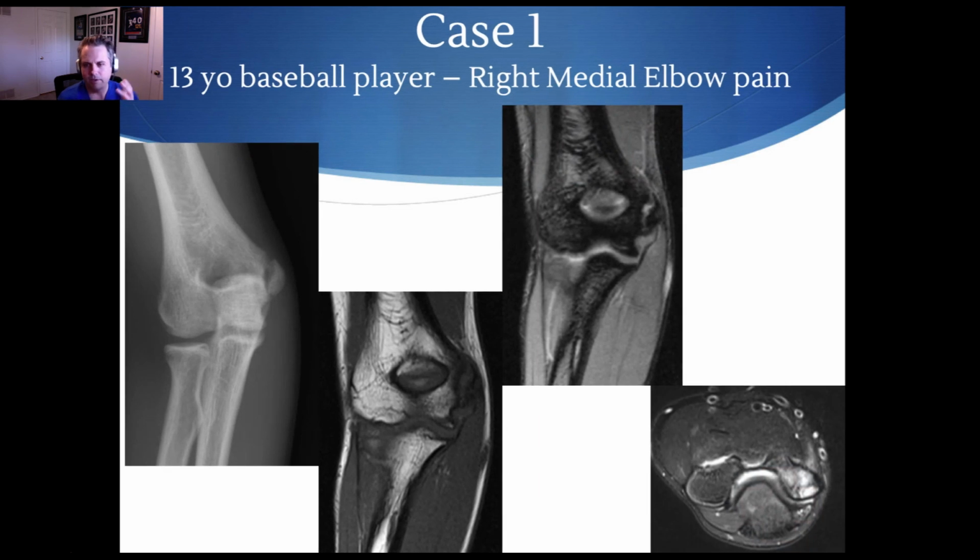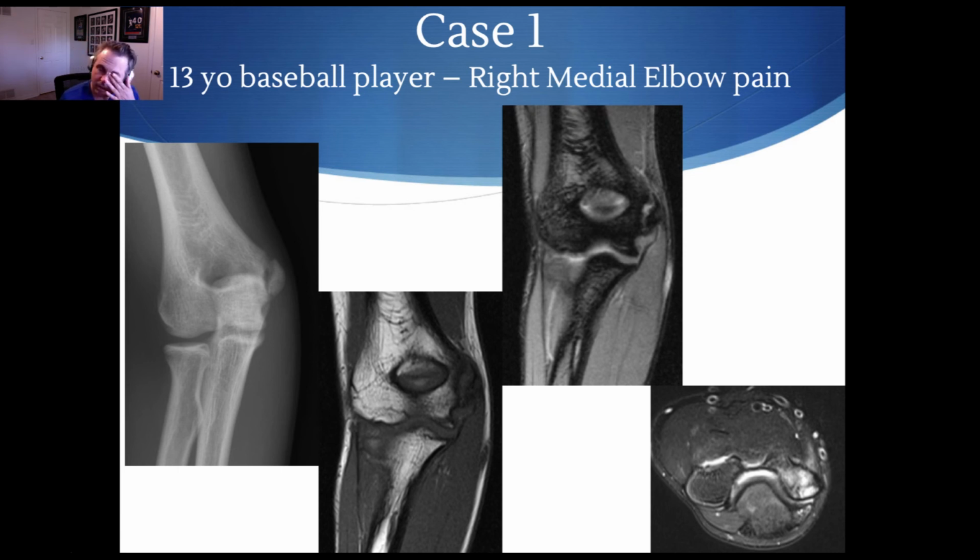So case number 1, this is a 13-year-old baseball player. They come in with right medial elbow pain. You have an X-ray, 2 coronal MRIs, and an axial MRI. What they're demonstrating here is widening of the medial apophysis, both on the X-ray as well as the initial coronal MRI.